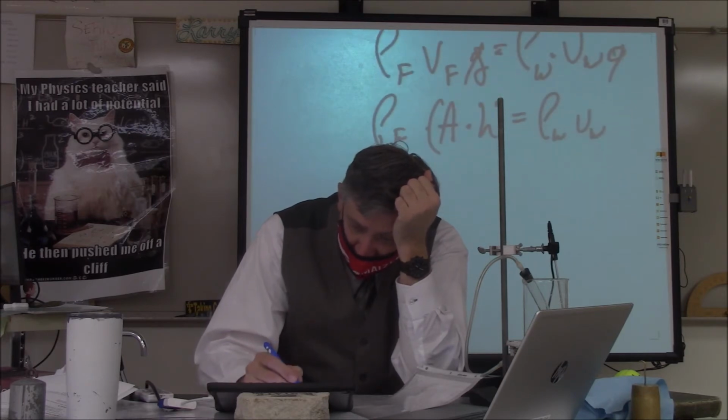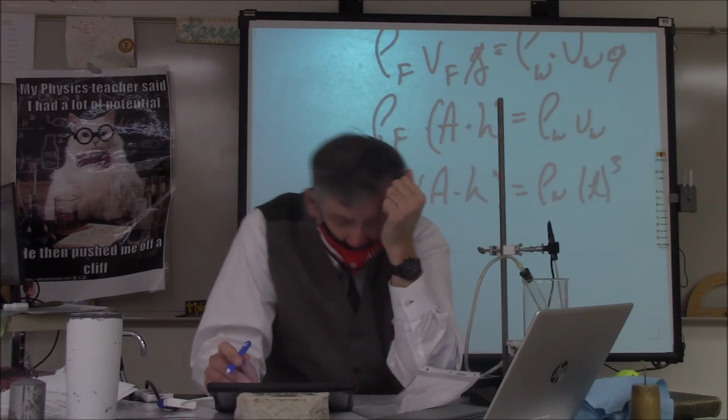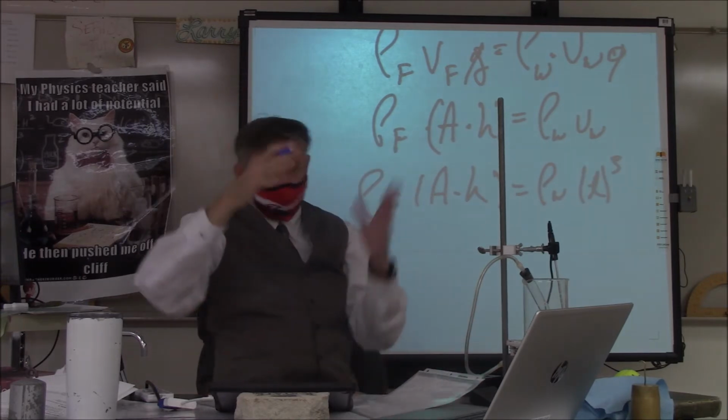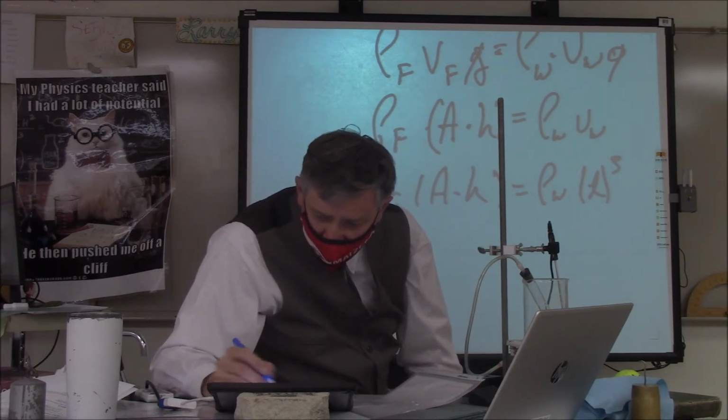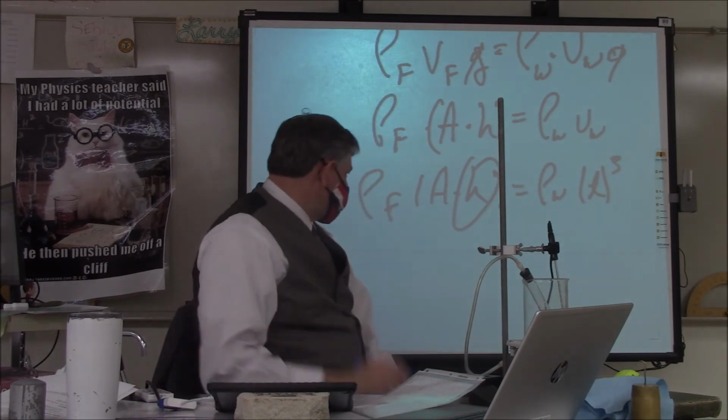But if you remember, because it's a cube, and this is why this looks horrible but it's actually not, that's the density of the wood times a length cubed, because it's all the same size. What you're trying to solve for is h.